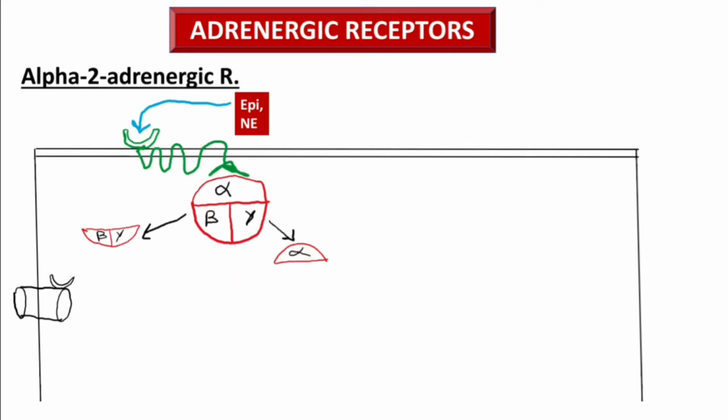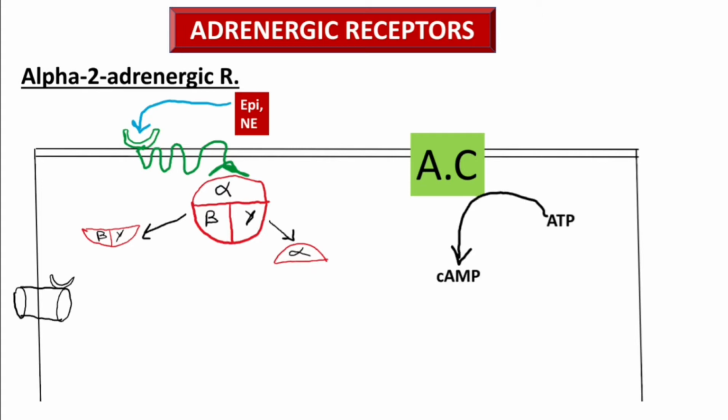We need to know another enzyme found in the cell membrane called adenylyl cyclase. Its function is to convert ATP into cyclic AMP, and cyclic AMP has the ability to activate protein kinase A. Protein kinase A can phosphorylate different proteins or enzymes in the cell. This is the basic pathway.